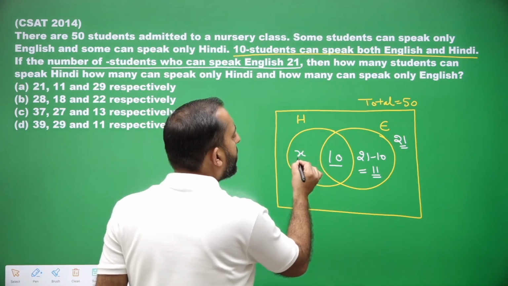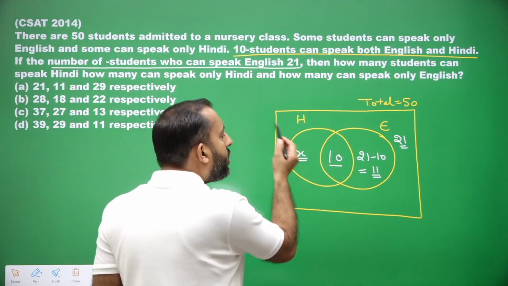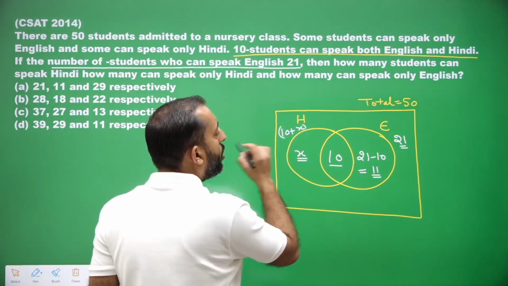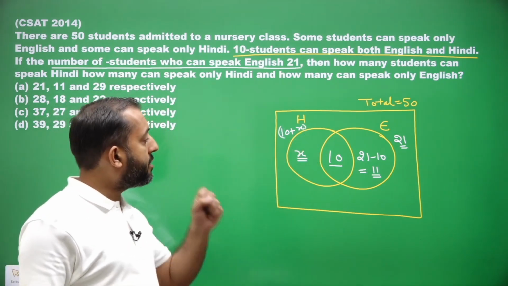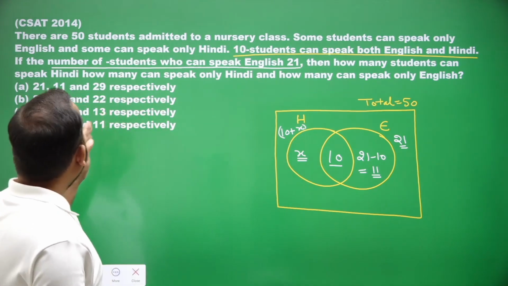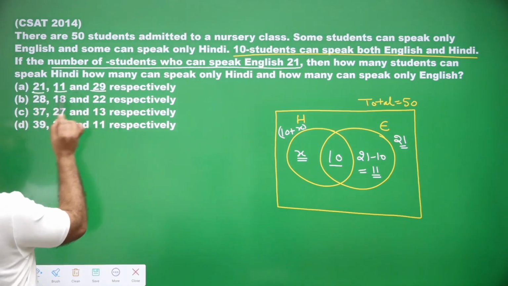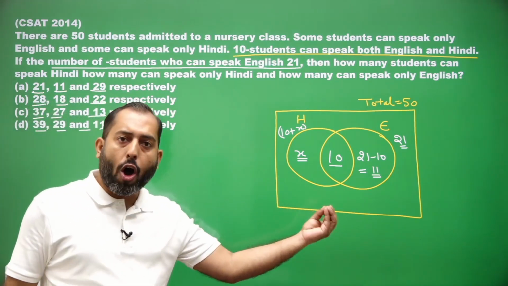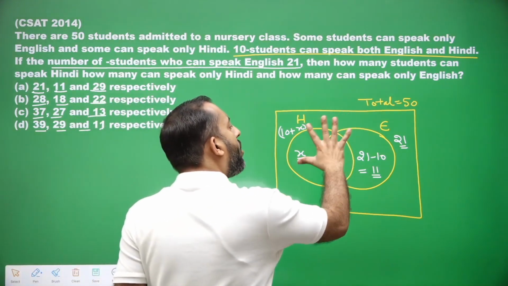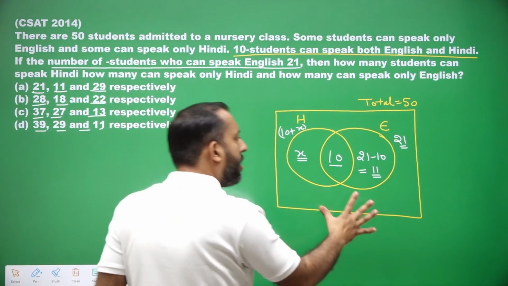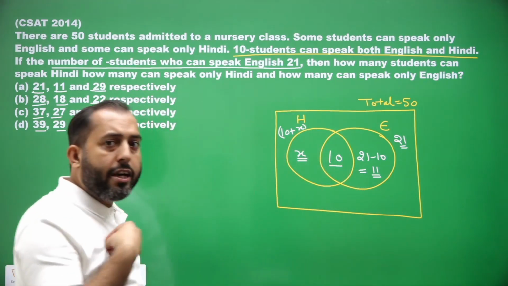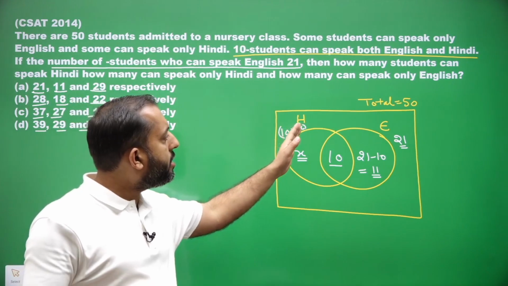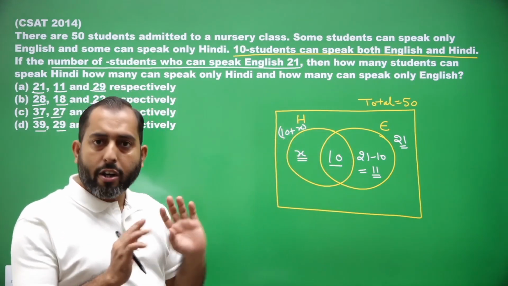So let's say the number of people who can speak only Hindi is X. So the total number of people who can speak Hindi is 10 plus X. Now, I can see every option is an integer, and the examiner hasn't talked about the remaining region of this rectangle, so we do not know whether there are any people who cannot speak Hindi or English.